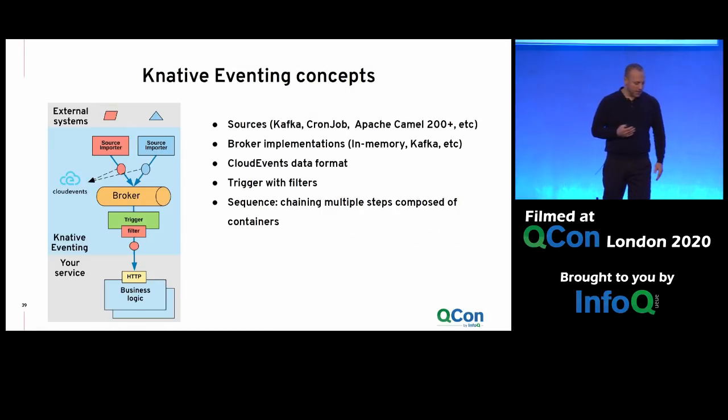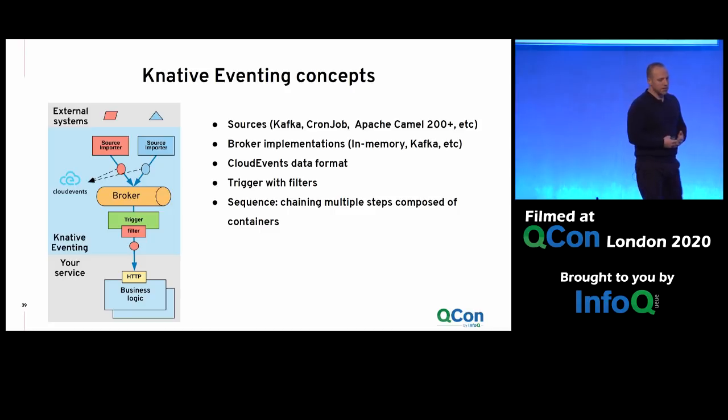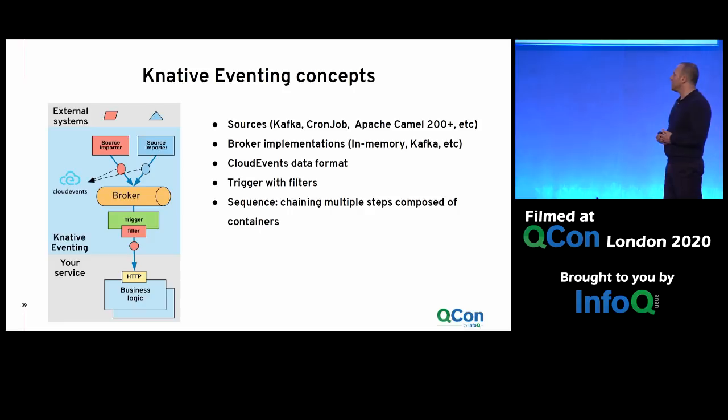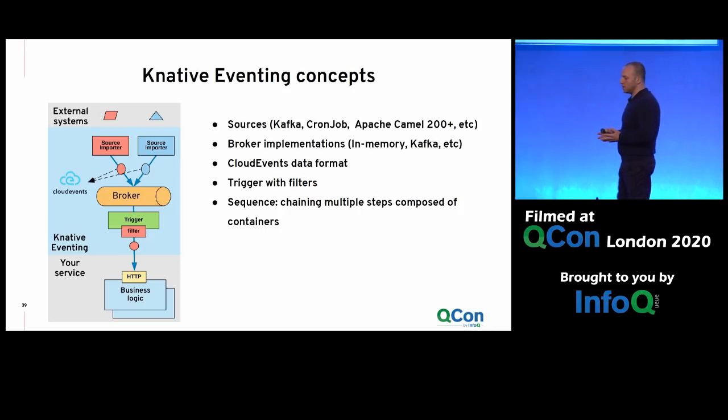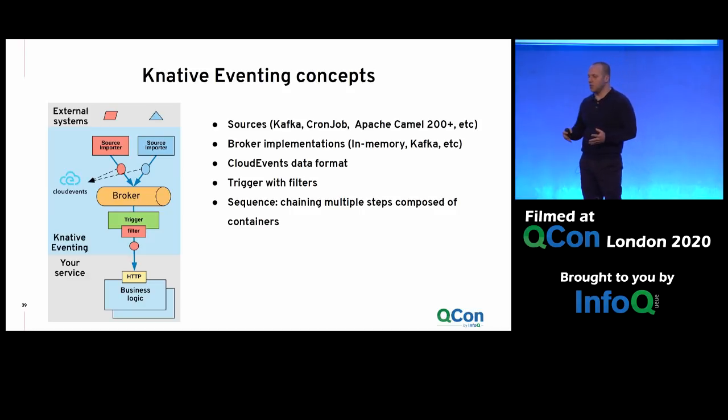If you look at eventing, eventing gives us a fully declarative event management system. Let's assume we have some external systems we want to integrate with, some external event producers, and at the bottom we have our application in a container that just has an HTTP endpoint.